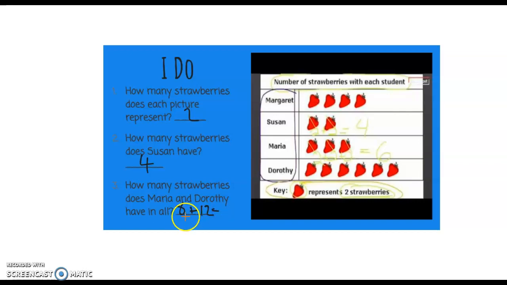We know that 6 plus 12 equals 18. Alright, now that's just one way to do this.